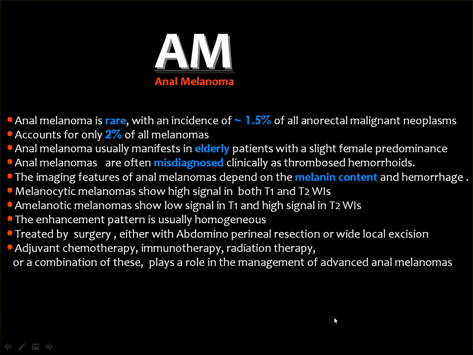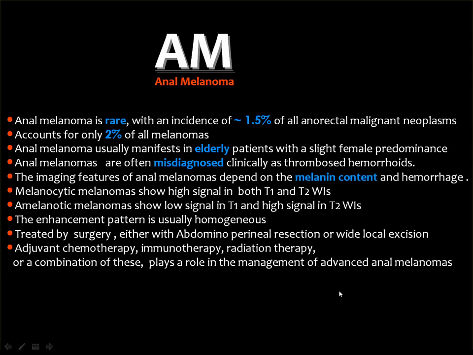Then we have the melanoma, and the melanoma is rare in the anal region, and the incidence is about 1.5% of all anorectal malignancies. Anal melanoma accounts for 2% of all melanomas, and is seen in the elderly, and frequently they are misdiagnosed as thrombosed hemorrhoids.